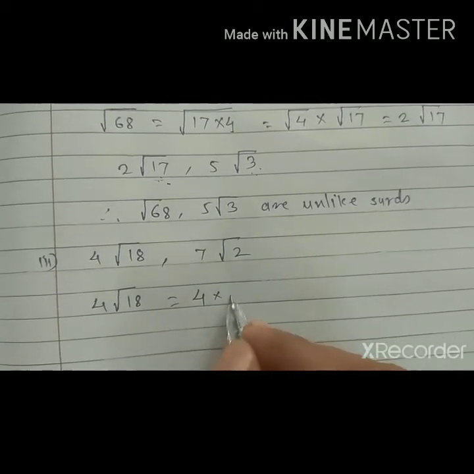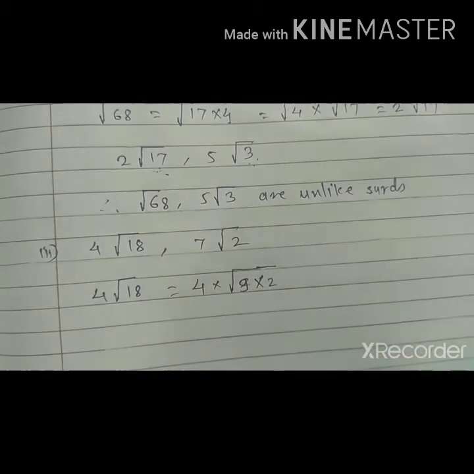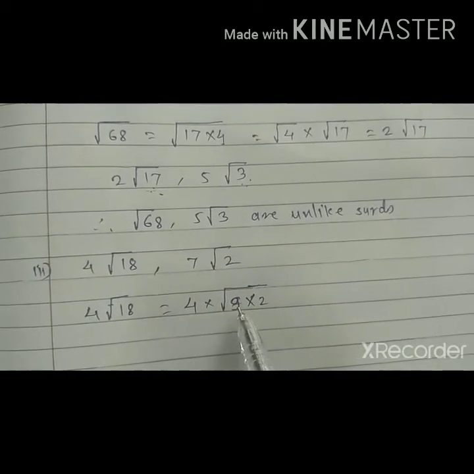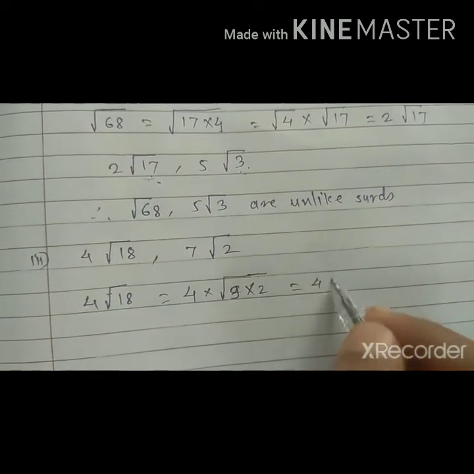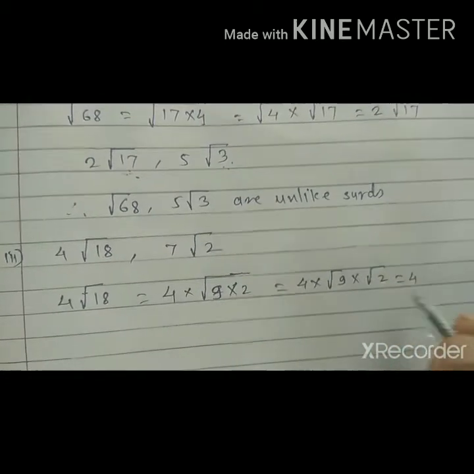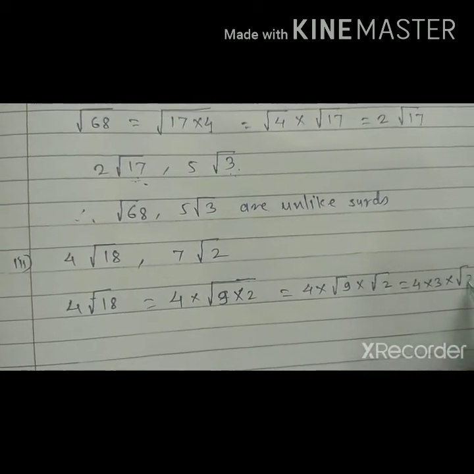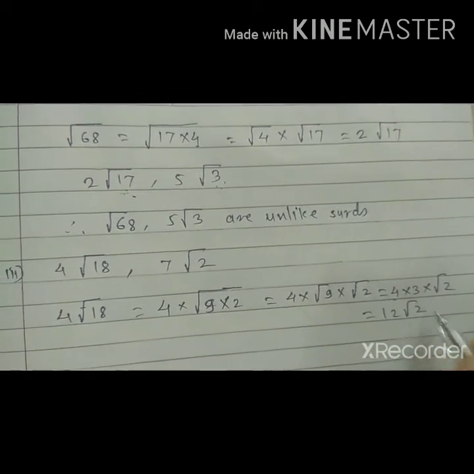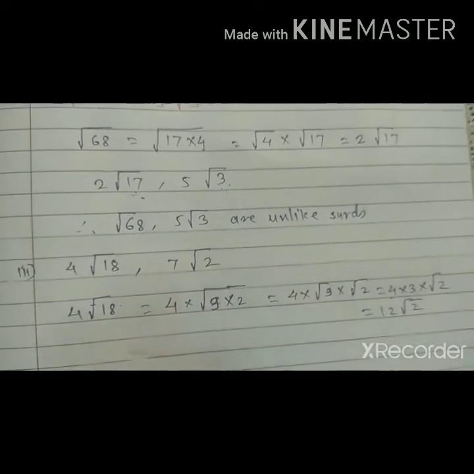So into 18 means what? 2, 9 into 2. 9 is a square number. यहाँ पे एक स्क्वायर नंबर होना चाहिए. यहाँ पे ऑर्डर 2 है तो यहाँ पे क्या होना चाहिए? स्क्वायर नंबर होना चाहिए. 4 square root 9 into square root 2. 4 square root 9 is 3 into root 2. Therefore 12 root 2. So 4 into root 18 is equal to 12 root 2.